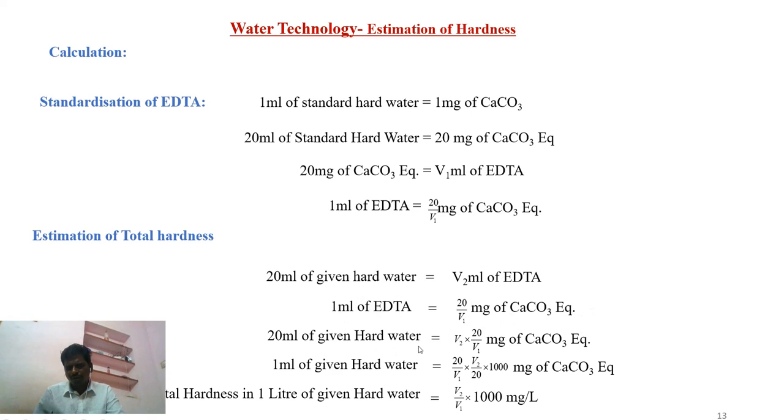So 20 ml of given hard water is equal to V2 into 20 by V1 mg of calcium carbonate. From this we calculate for 1 ml of given hard water. That means 1 ml of sample hard water is equal to 20 by V1 into V2 by 20 into 1000. The 20 will be cancelled, and it is V2 by V1 into 1000 mg per liter. This is the total hardness. We are calculating for 1 liter.